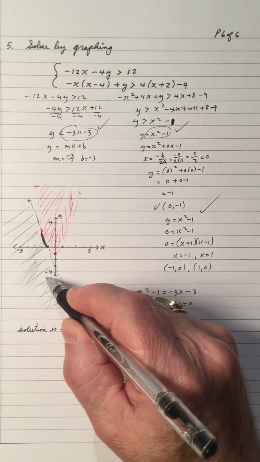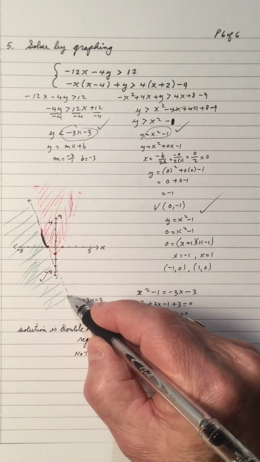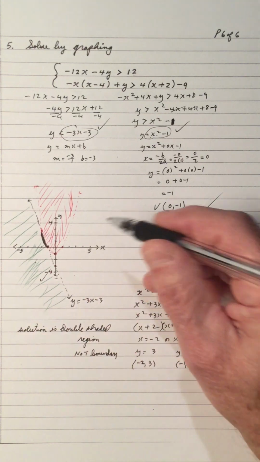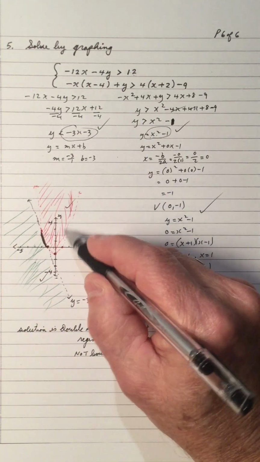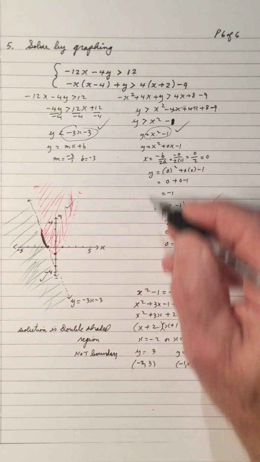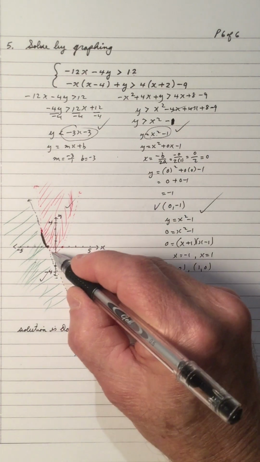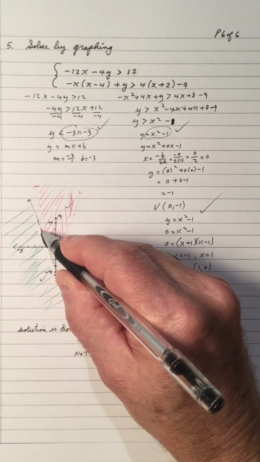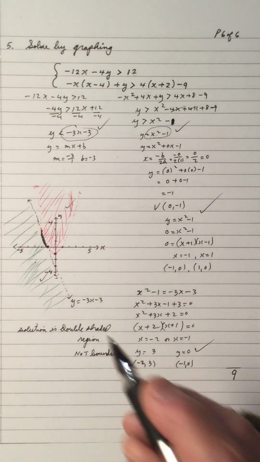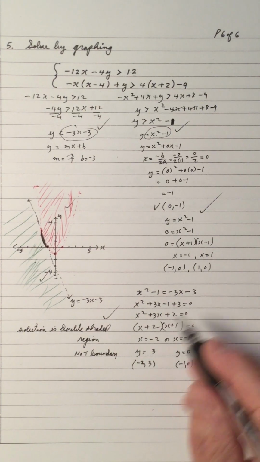You picked up 2 marks for graphing this line as broken and shading below, and you get 2 marks for shading the parabola with a broken line and inside of here. And if you solve and got all the points of intersection, which is where the 2 lines are, because you got to pick these 2 points where they intersect, you get a mark, and if you shade it, you get 2 more marks, so 9 marks altogether.